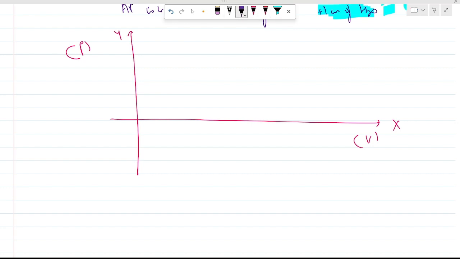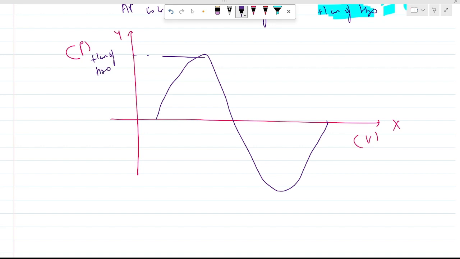It starts from here, goes to the peak, becomes negative and comes back to 0. What is this positive value? Plus 1 cm of water. What is this negative value? Here, minus 1 cm of water. This is at the 0 level.